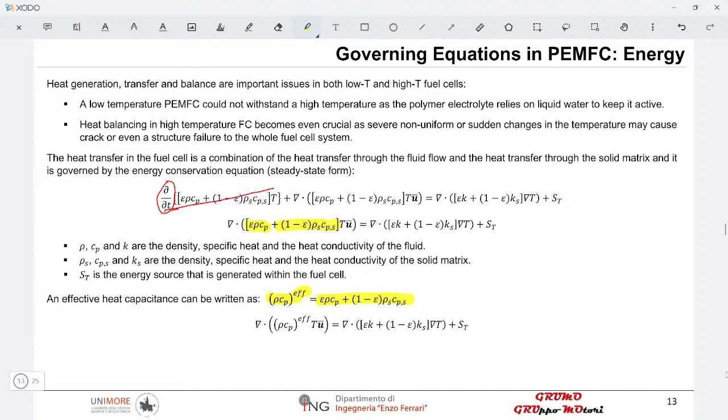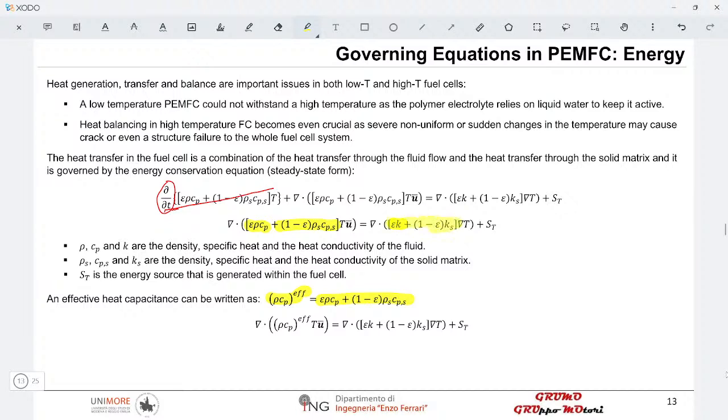Okay, and the same can be carried out for the lowercase k, the thermal conductivity. What is the thermal conductivity of a given finite volume of porous material? It will be partly composed by the thermal conductivity of the fluid and partly by the thermal conductivity of the solid fibers.